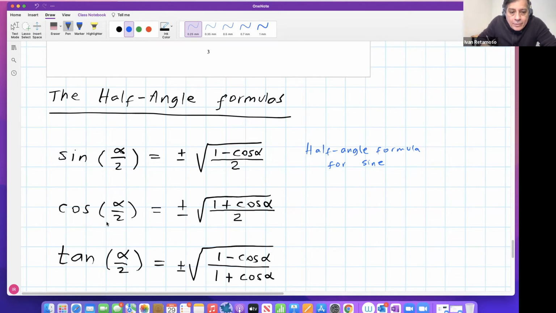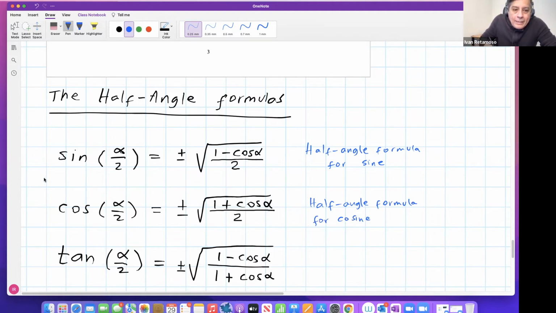Good. Then for cosine of alpha over 2, plus minus the square root of 1 plus cosine of alpha divided by 2. It's very close to the previous one: 1 plus instead of minus. This is called the half angle formula for cosine.